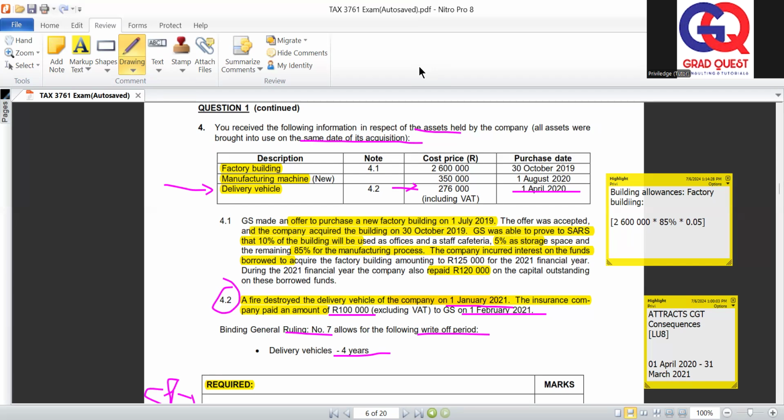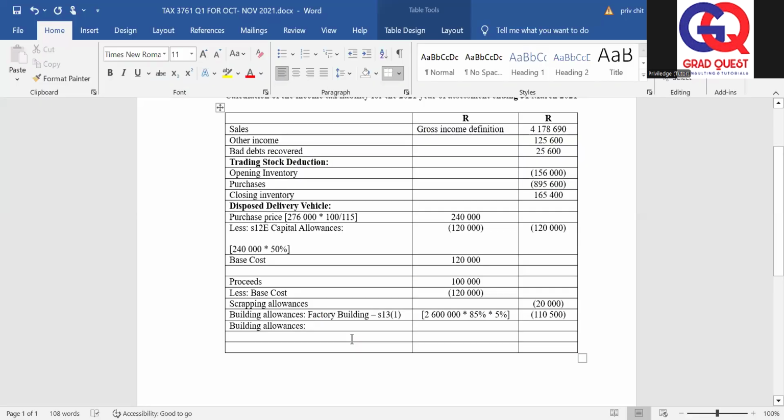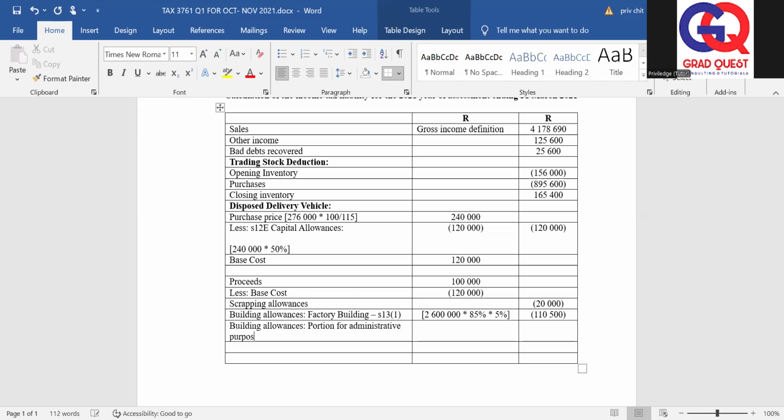So what you're simply going to do is break it down like this. Here you just need to indicate that this is the portion for administrative purposes. So it will be like this, 2.6 million, and then you multiply the entire thing by 10%, and the 5% provision would still apply in this case.